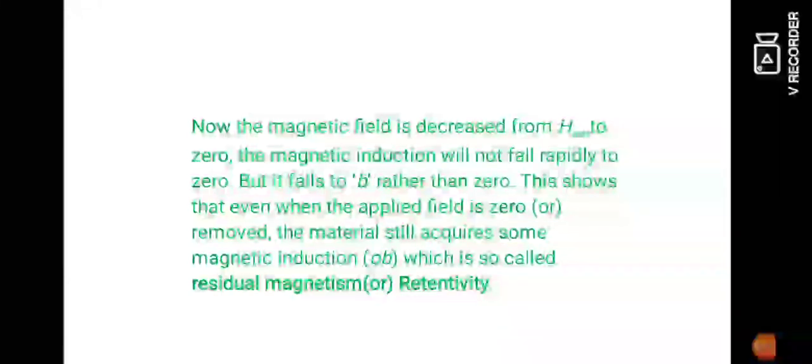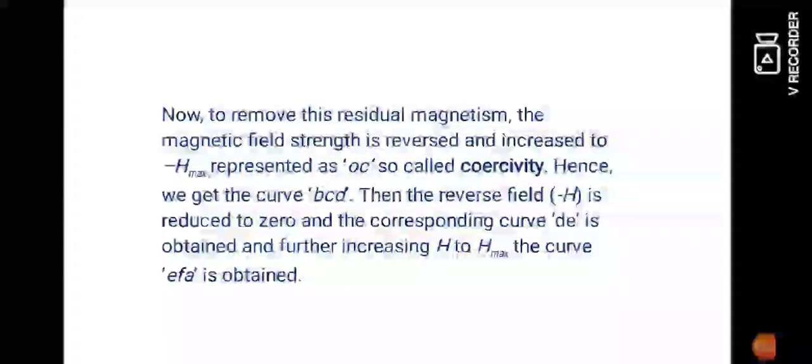This shows that even when the applied field is 0 or removed, the material still retains some magnetic induction OB, which is called the residual magnetism or retentivity. Now to remove this residual magnetism, the magnetic field strength is reversed and increased to minus H max, represented as OC, called the coercivity.